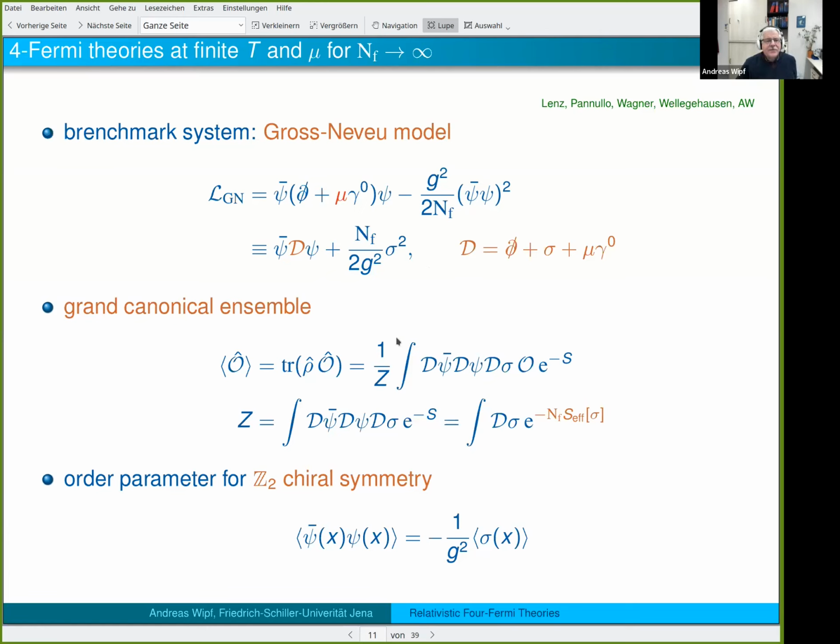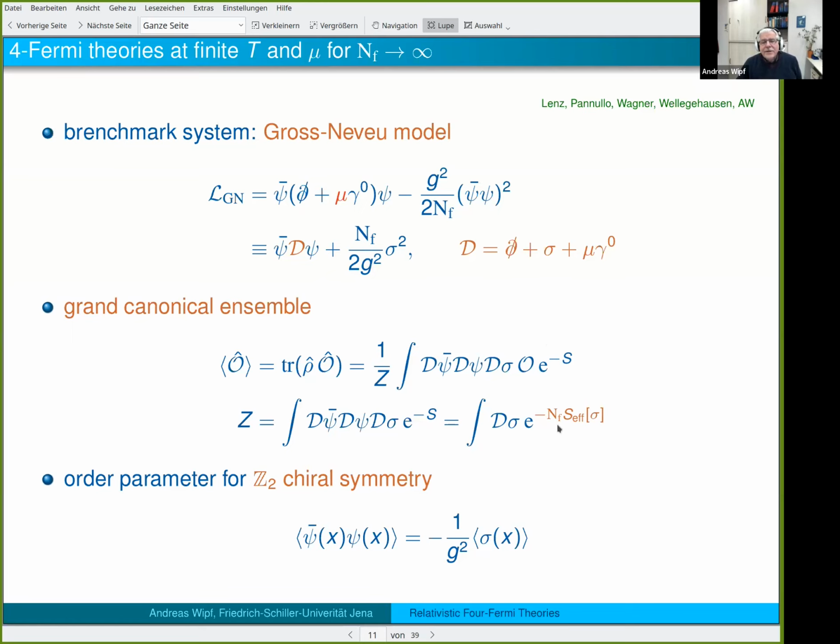And again, here's the canonical ensemble, expectation values, and now we introduce the coupling in such a way that when you integrate over the fermions, and since you have NF species, NF flavors of fermions, you get the determinant to the power NF, which means in the exponent you get a factor NF times log determinant, and you get another factor NF from the integral over sigma squared.